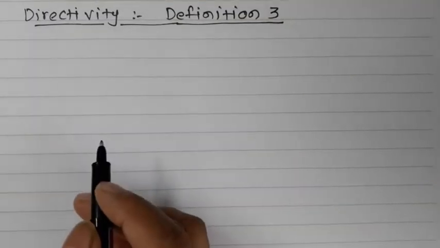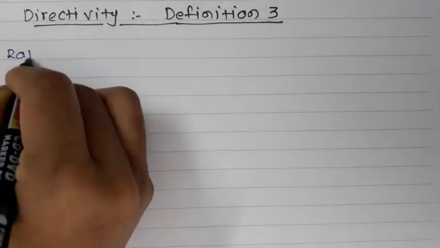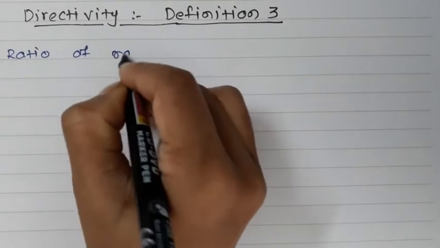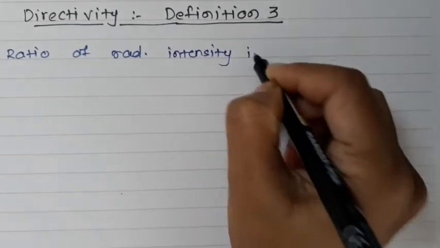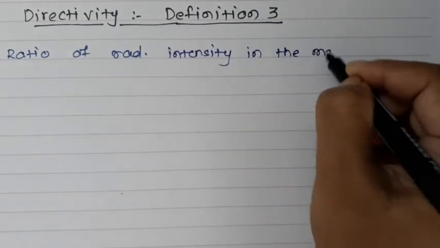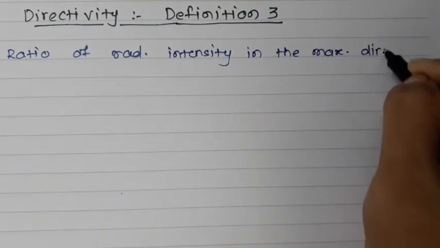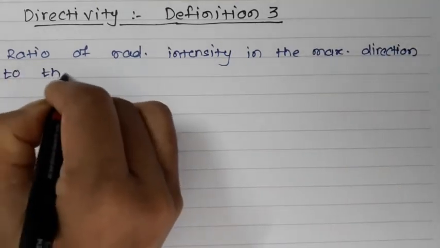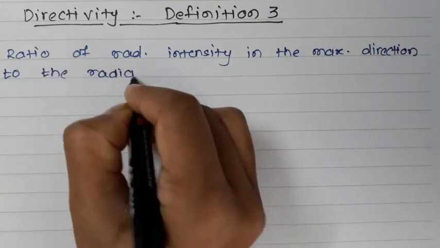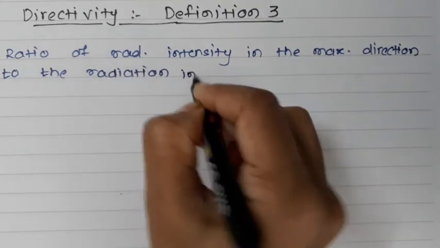Here the directivity of an antenna is defined as the ratio of the radiation intensity in the maximum direction to the radiation intensity of an isotropic source.